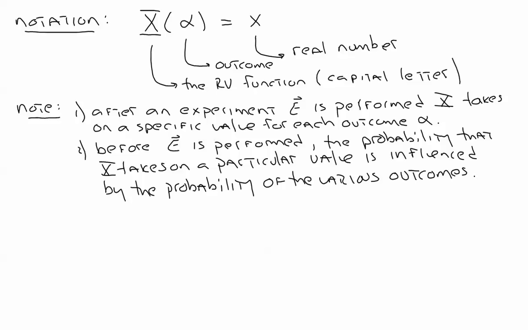All right, so what I'm trying to get at here is that the randomness in the chance experiment leads to certain probabilities of the various outcomes. The randomness in the chance experiment then translates, in effect, through the random variable assignment in such a way as to give rise to probabilities that the random variable itself takes on specific values.